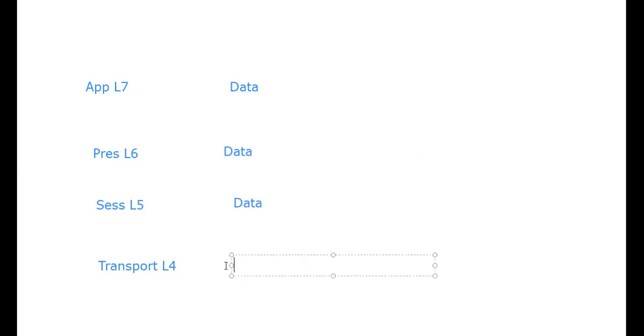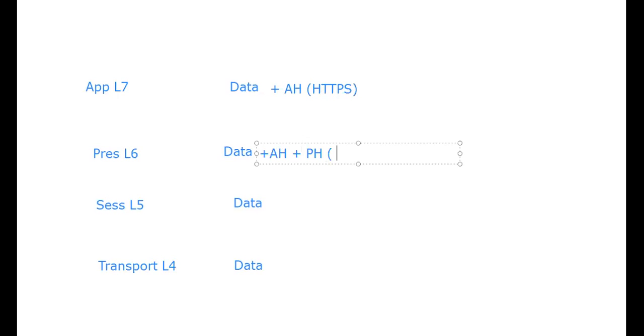Kindly concentrate. Data, I'm going to add plus the application layer header. For example, what are we going to add? HTTPS. In the presentation layer, I am going to receive the application layer header, which is HTTPS, plus I am going to add the presentation layer header, maybe encryption, or any protocols respective to the presentation layer.